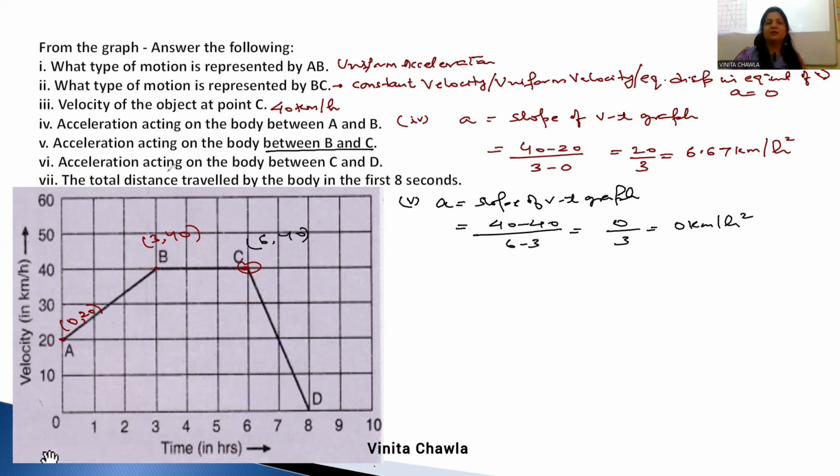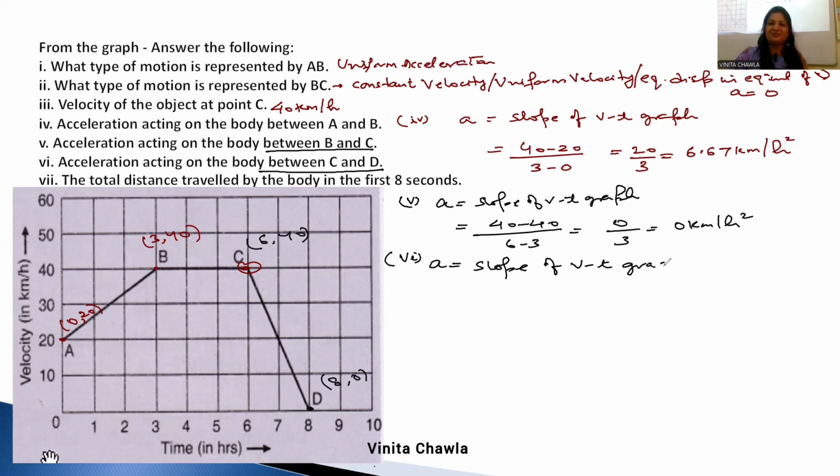Next, acceleration acting on the body between C and D. What is the acceleration between B and C? What are the coordinates of this point? 8, 0. Again, find acceleration. It is equal to the slope of the VT graph. And what type of motion is represented by this CD? It's uniform retardation.